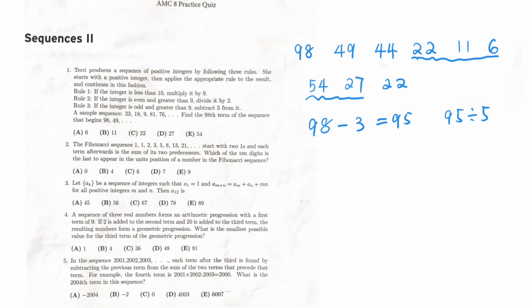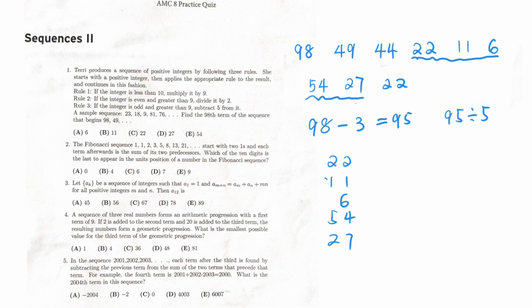That means it's the last number of this cycle, that's 27. Usually what we do is list 22, 11, 6, 54, and 27.